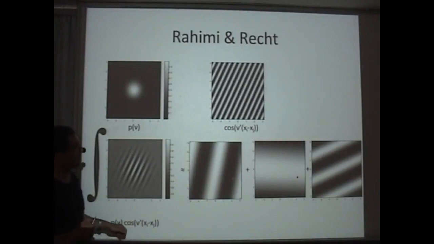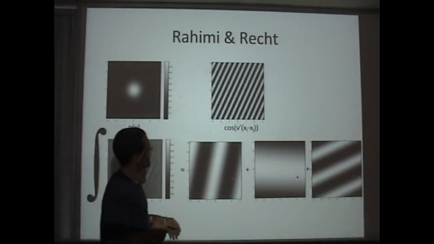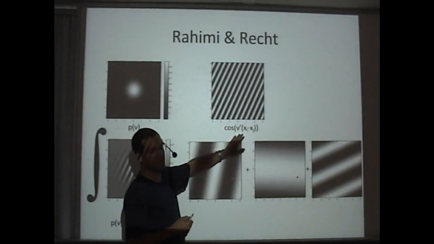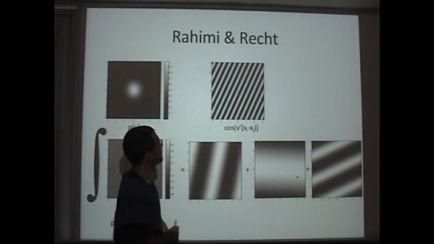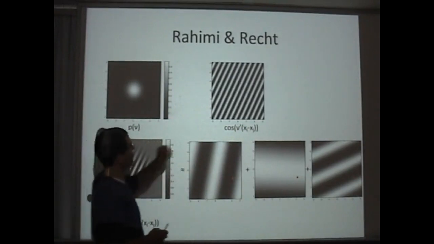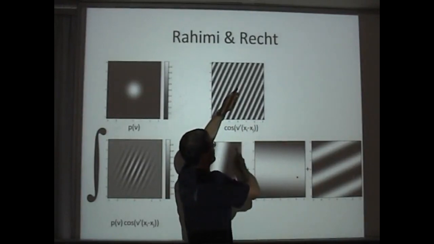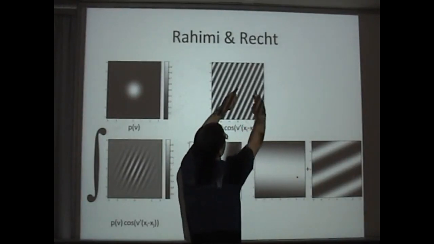And now the cosine term, this is a plane wave, and its direction and frequency depend on this distance vector. So I've plotted a coordinate system here. The origin is there. And in this case, the difference vector xi minus xj was pointing here. And this determines the direction.